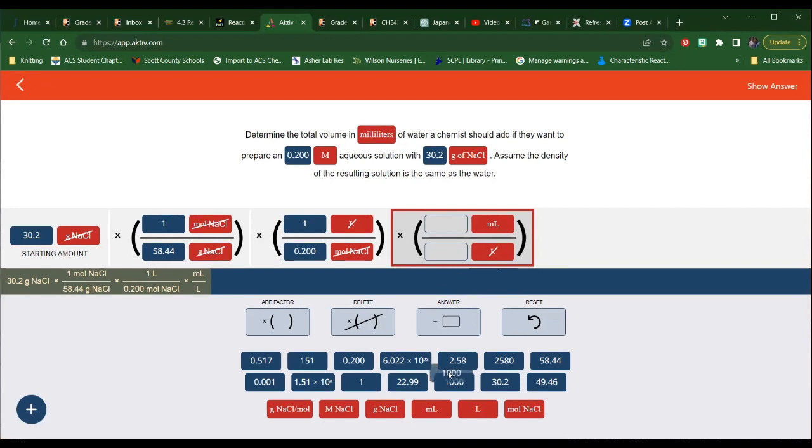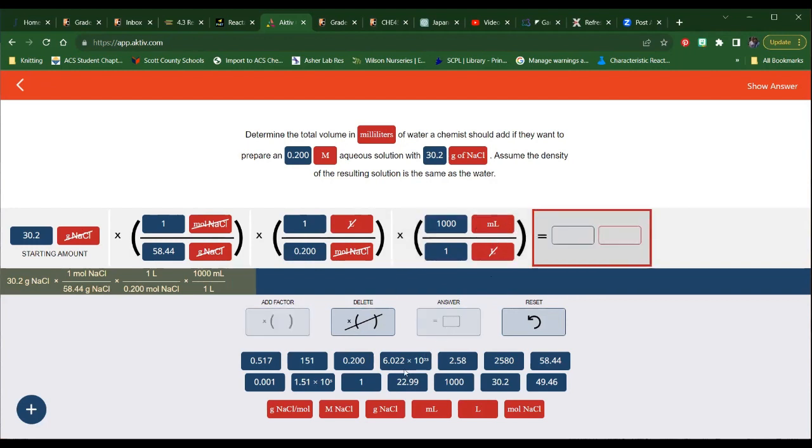So then I have to ask myself, do I have 1,000 liters in 1 milliliter, or do I have 1,000 milliliters in 1 liter? And the answer is 1,000 milliliters in 1 liter. Then I put my 1 on the bottom, and I check to make sure all of my units are canceled, except for the one that the question asks for, milliliters. And then I think I'm ready to go.